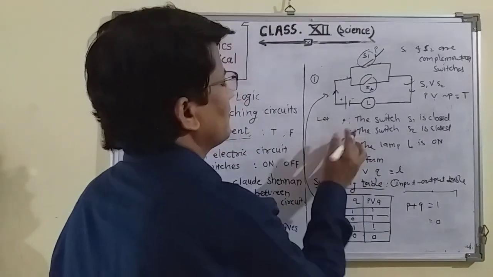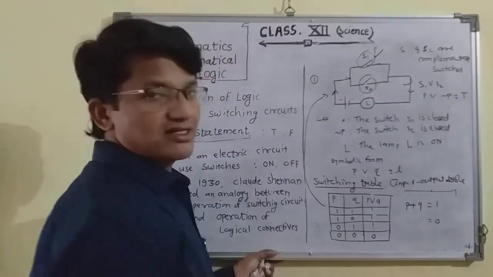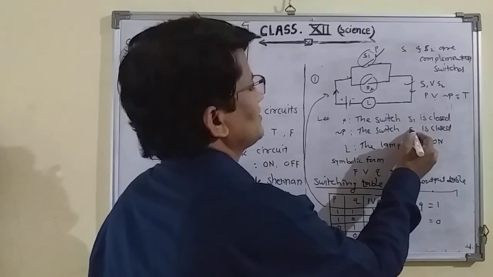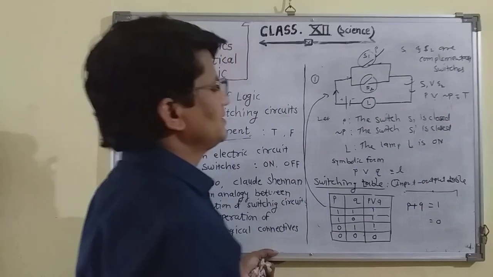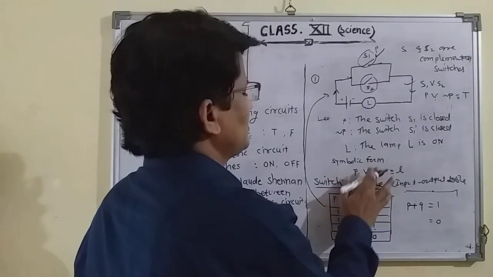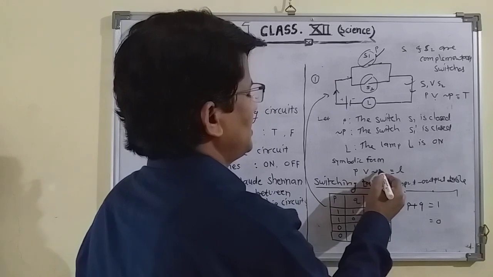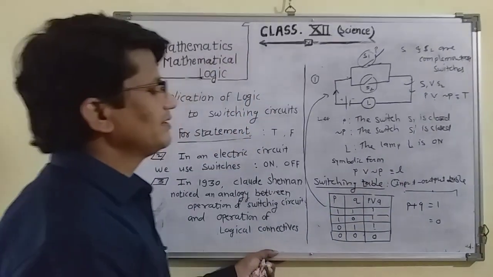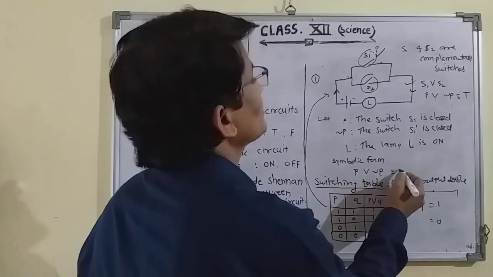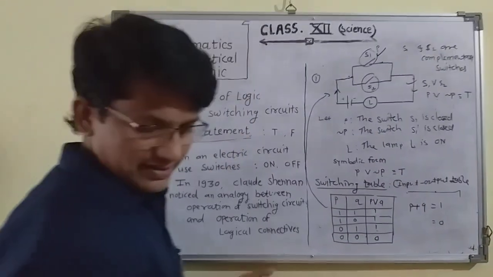Here negation P, instead of using negation Q. S1 dash is closed, lamp L is on. Here P or negation P I am writing here. In this condition, truth value what? It is always T. Okay.